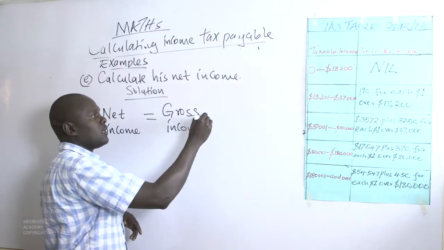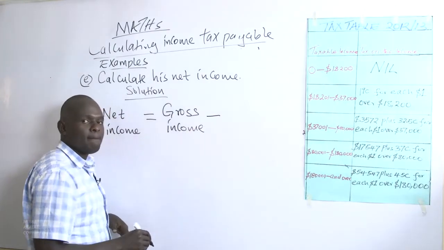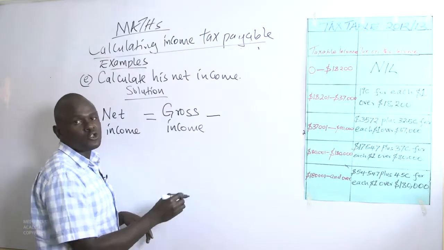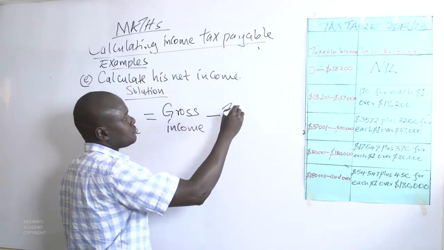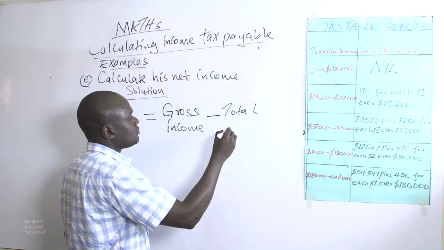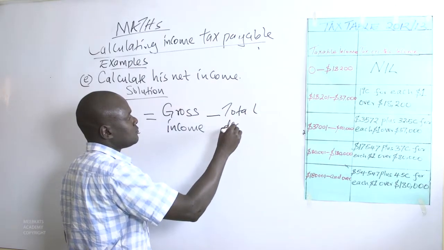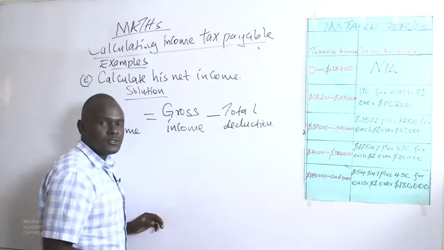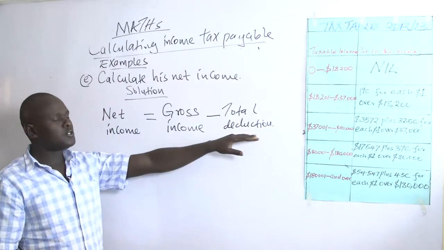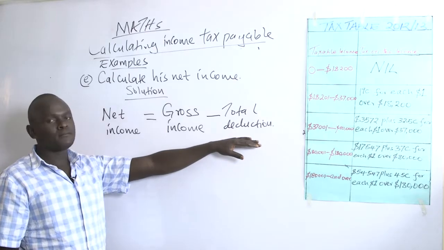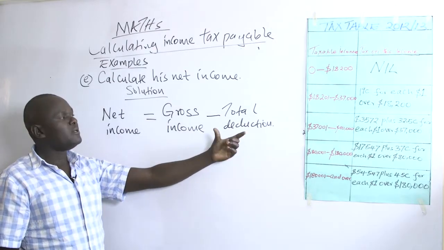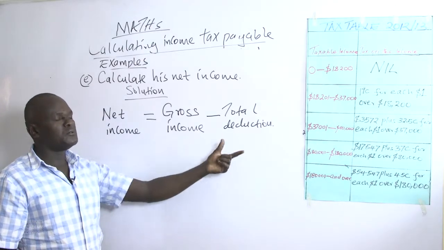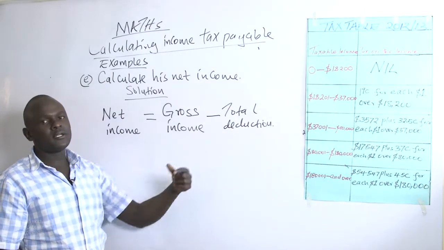So here, what do we have? This is basically the total deductions. And these total deductions should not be confused with basically the sum of donations and work-related expenses.